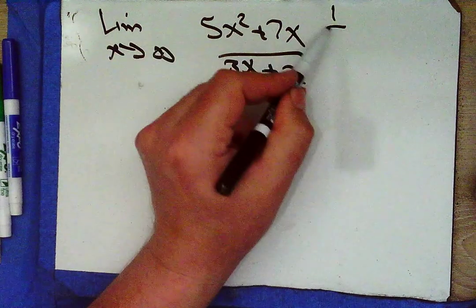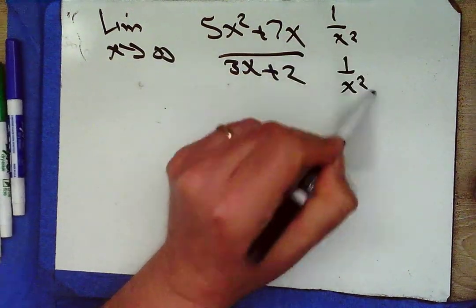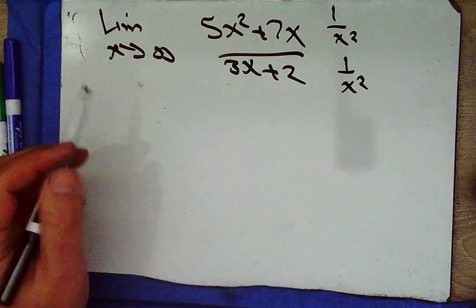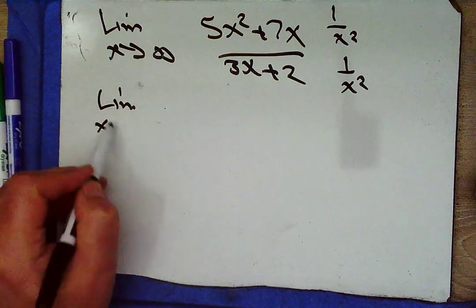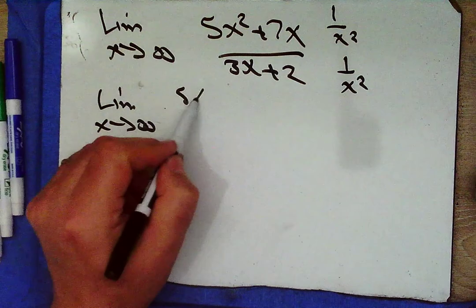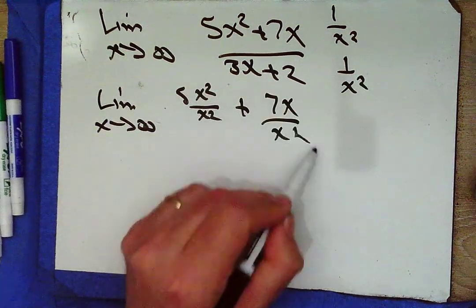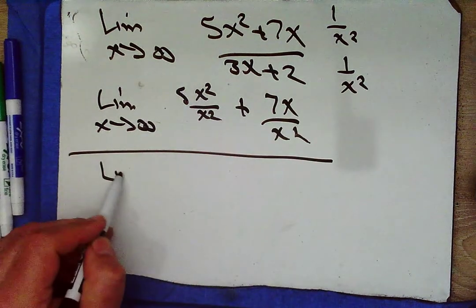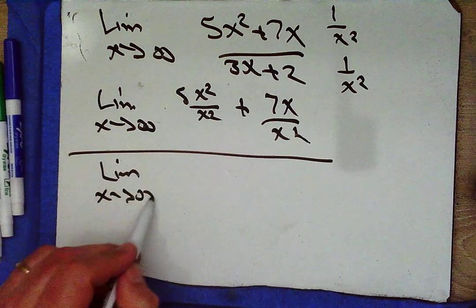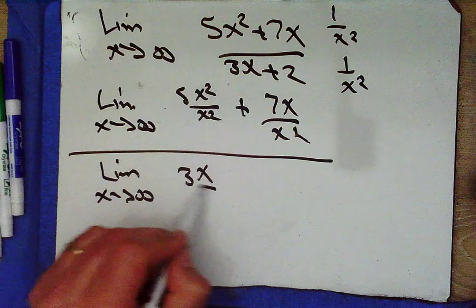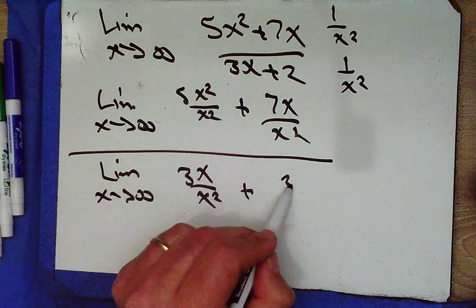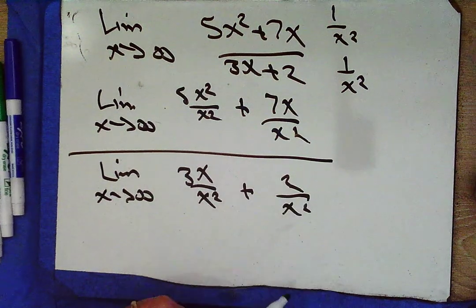So I multiply by 1 over x squared on top and bottom. When I do that, I'm now going to have the limit as x heads to infinity of 5x squared over x squared plus 7x over x squared, over the limit as x heads to infinity of 3x over x squared plus 2 over x squared.